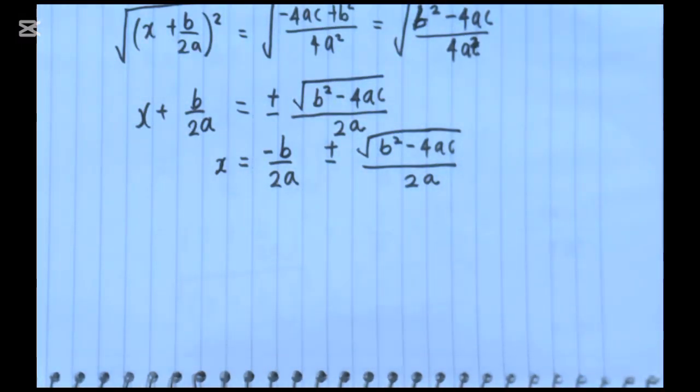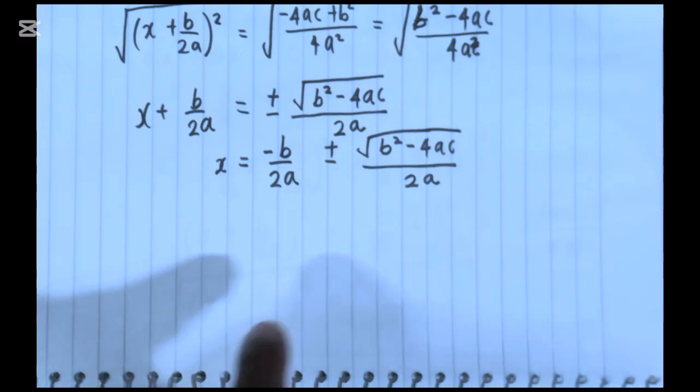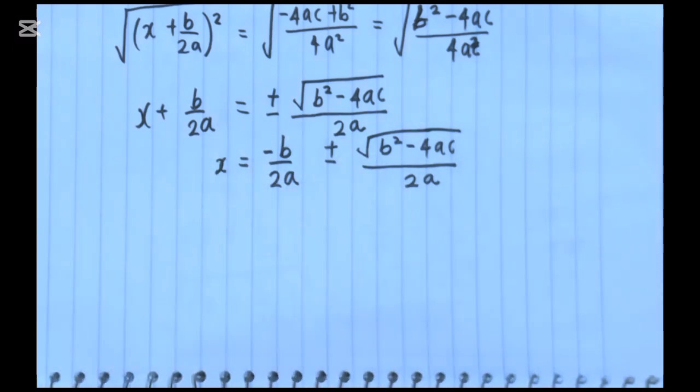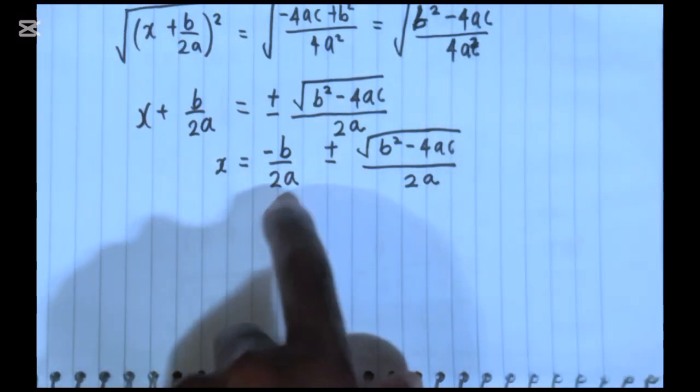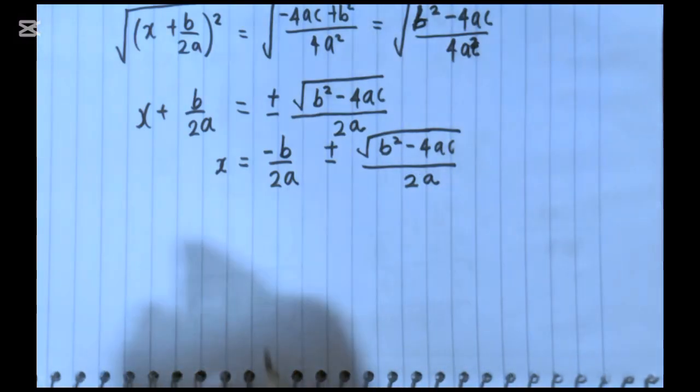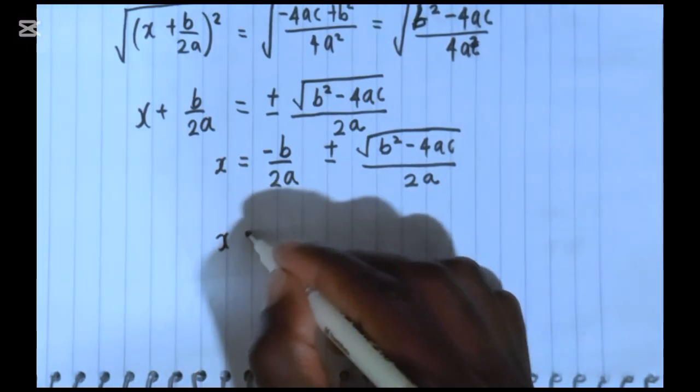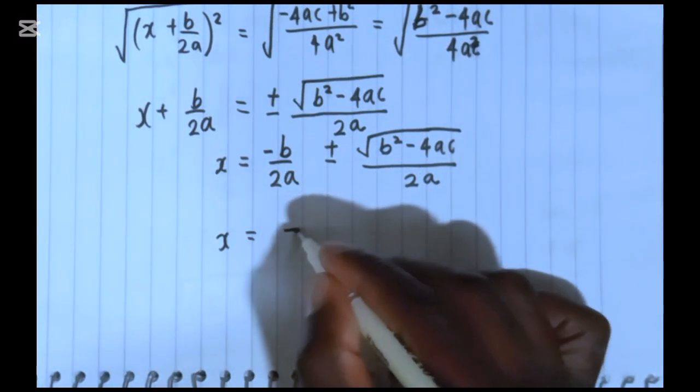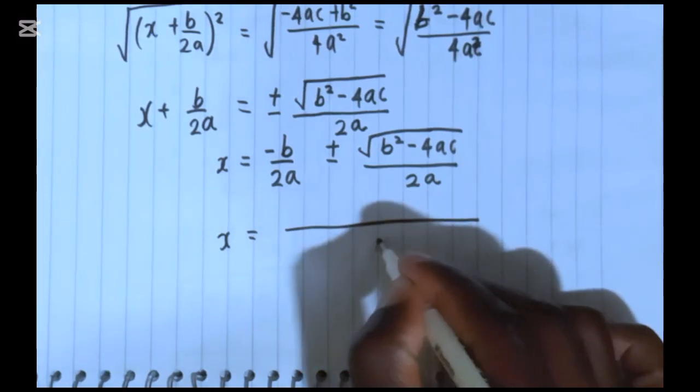However, what we need to do is write the whole right-hand side as an algebraic fraction. Notice that we are having our LCM as 2a. So we're going to have x being equal to our LCM, which is 2a.